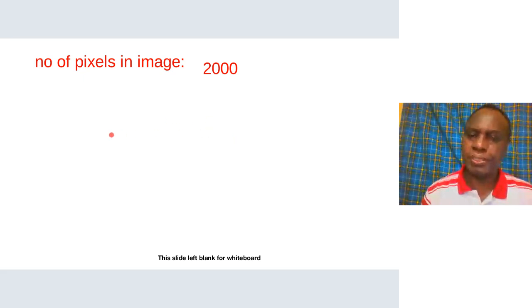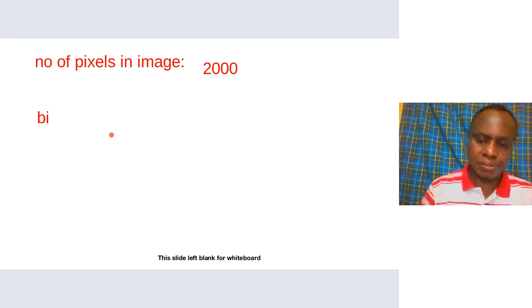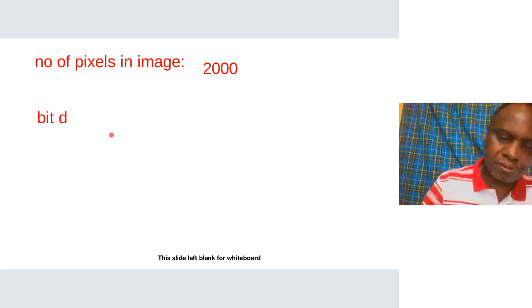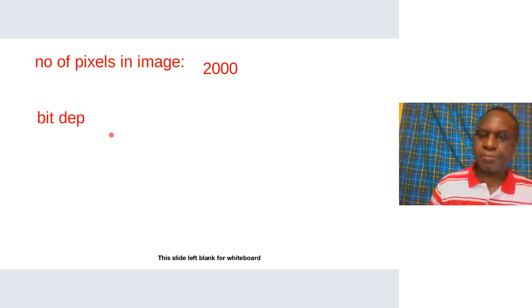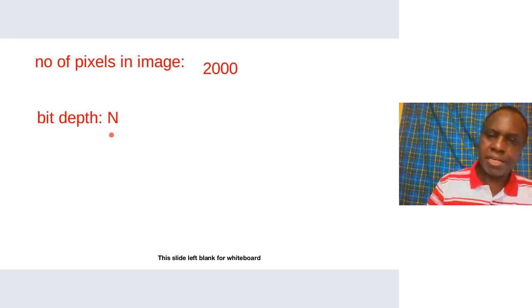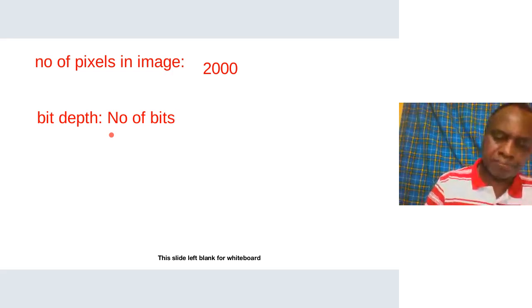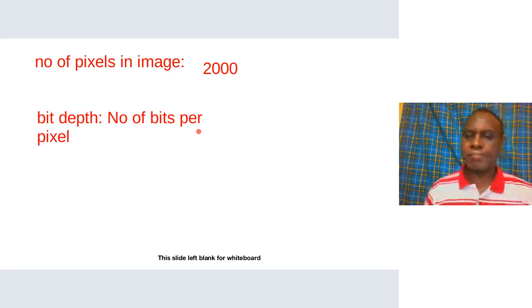So this is the bit depth. What is bit depth? The bit depth is the number of bits per pixel. Sometimes that is also referred to as the resolution.